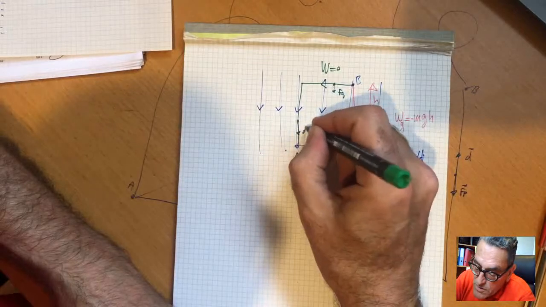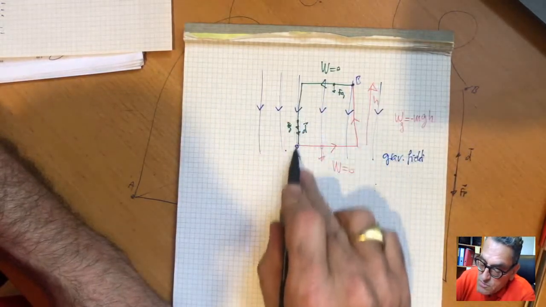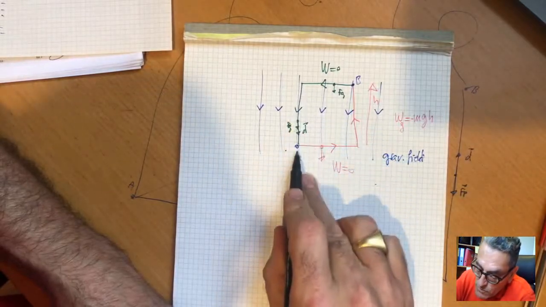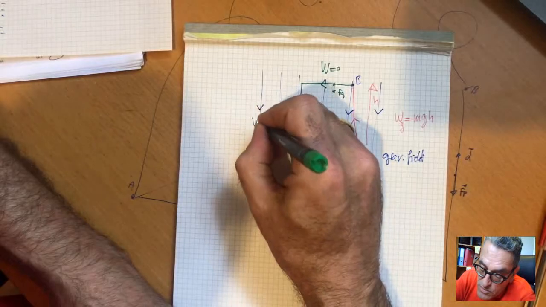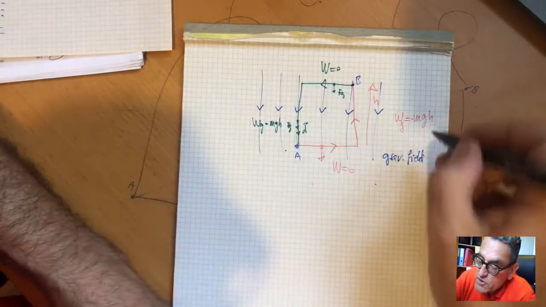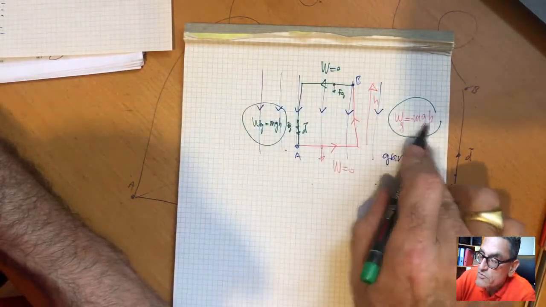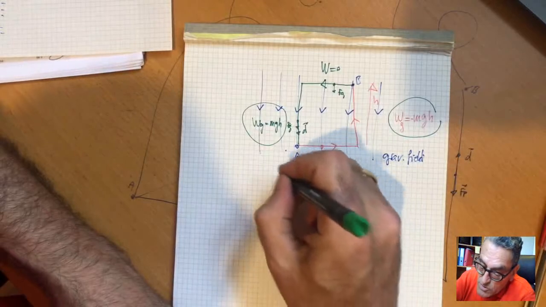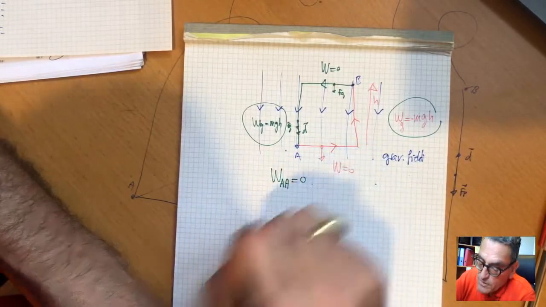Now the displacement is downwards and the force is downwards, so the work of the gravitational force on this displacement will be positive. So here we will have W_g equal to plus mgh. If you sum this W_g with the other W_g, they have opposite signs, and so the total work for going from A back to A is 0.